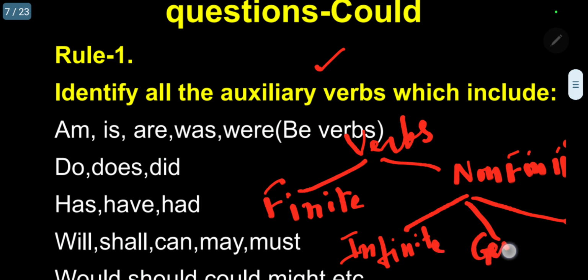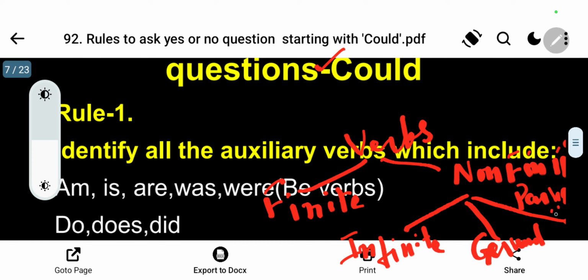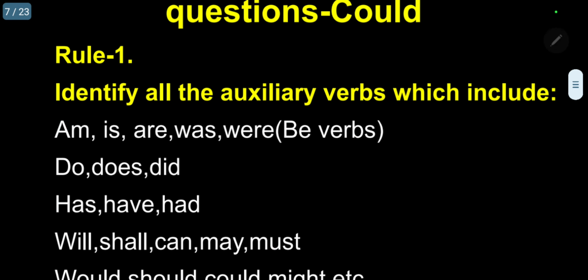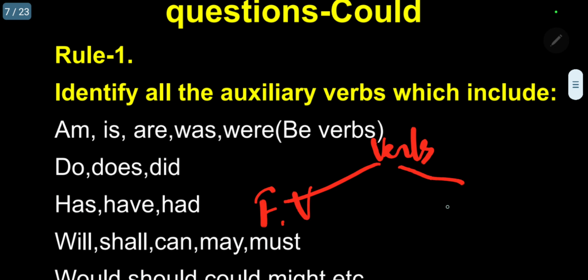Gerund and participle. Participle. Kindly follow me. Let me say again: verbs, finite verb, non-finite verb, 3 types.